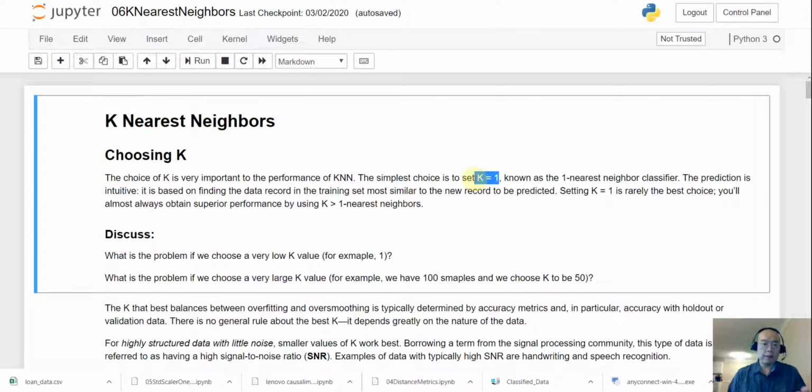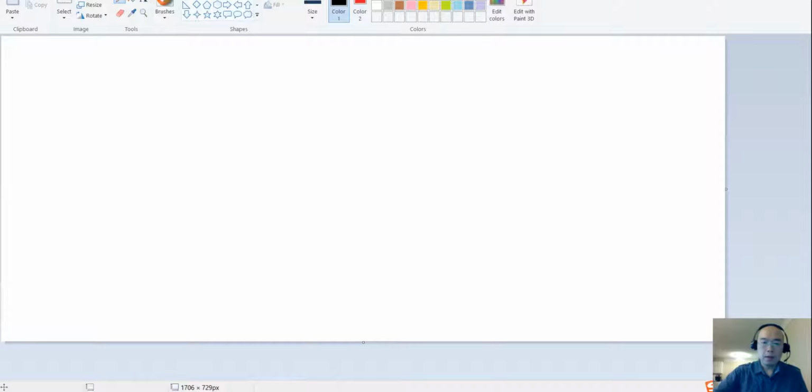So what do I mean here? Let me draw something. Say this canvas is the entire possible feature space and we are only dealing with the x and y coordinates. Let me draw a few black samples here, and a few red samples.